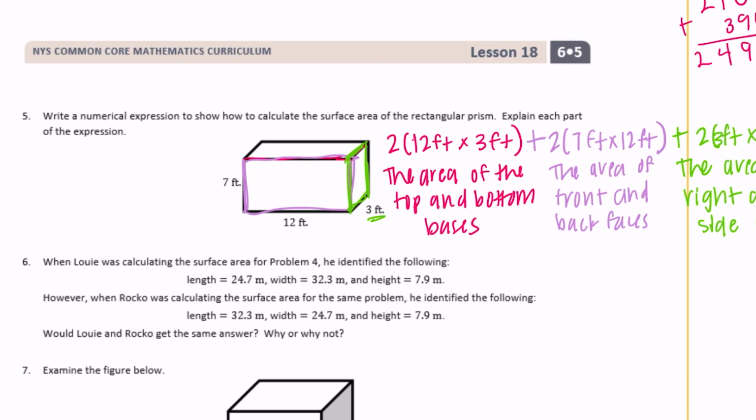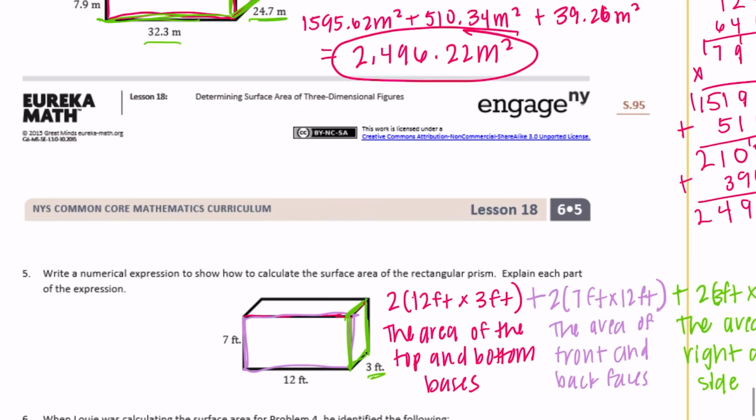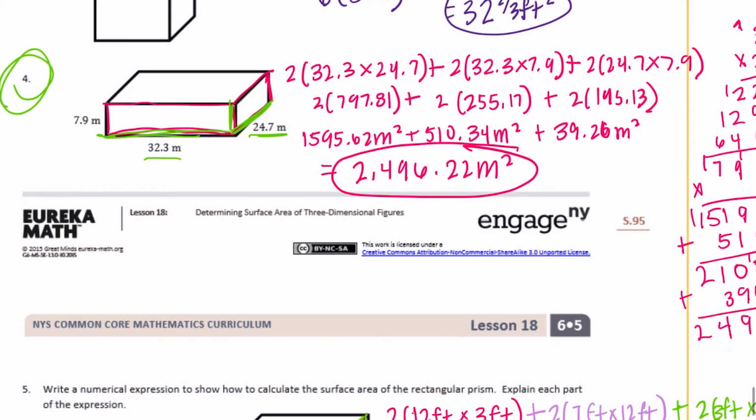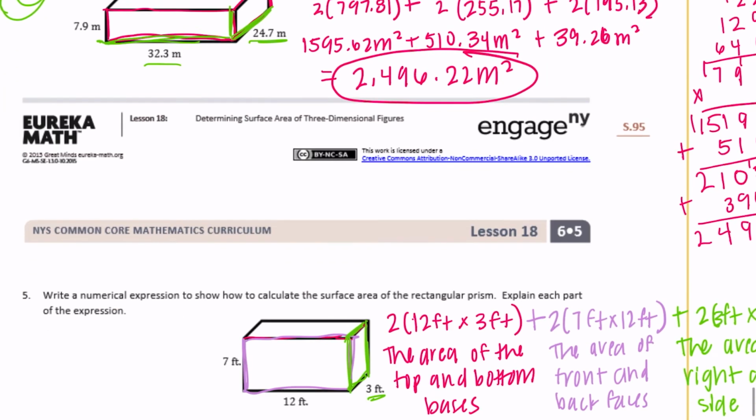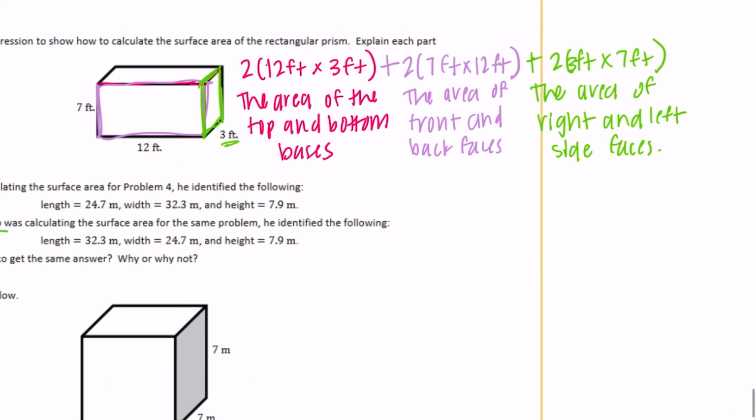Why or why not? So I always calculate it like Rocco does, but it could have been possible that maybe Louis had it on a different side. So it doesn't really matter. As long as you calculate the right faces and the right areas for each face, it doesn't matter in what order you're doing them. So they would get the same answer because it doesn't matter.